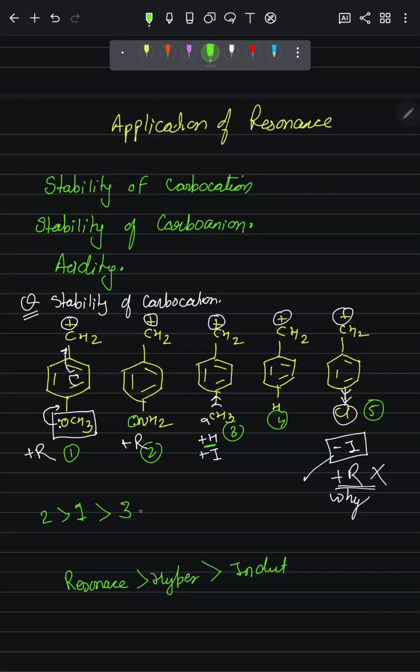And there is the neutral one, which is 4, and last is the one taking electron density away from the ring, so this will be in the last position. So this will be the stability order of the molecules.